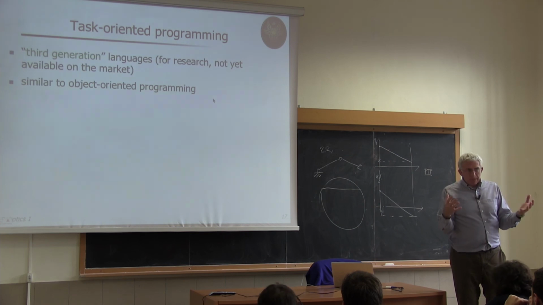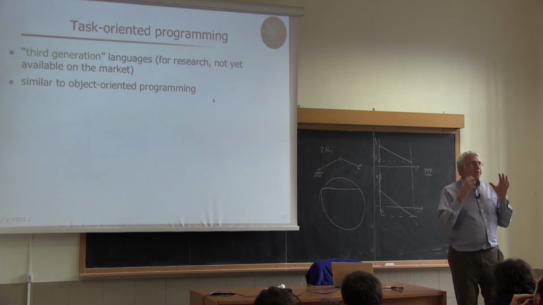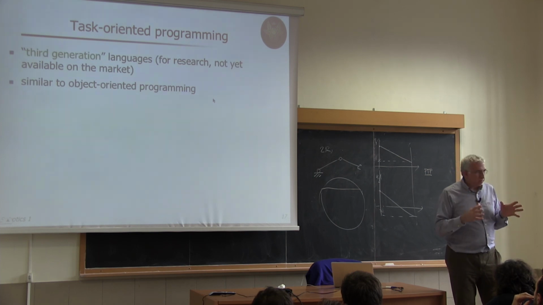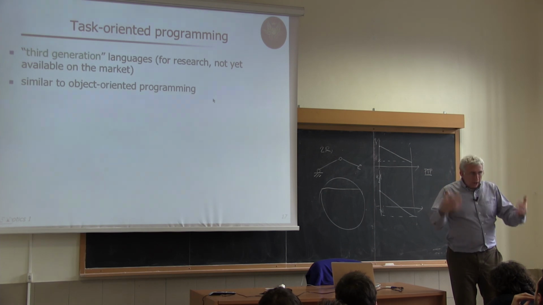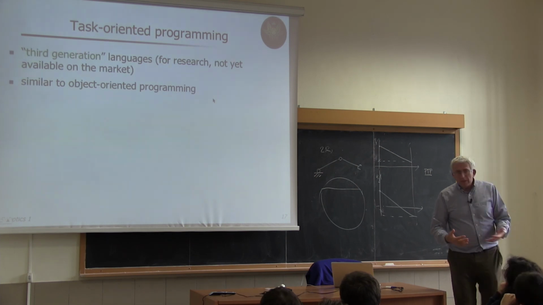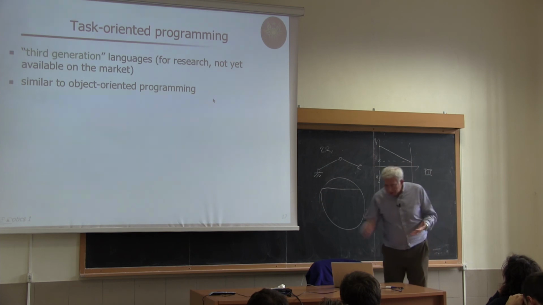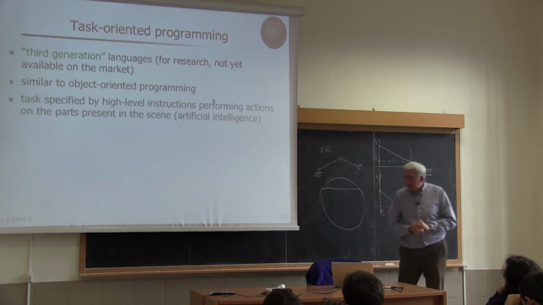It's called task-oriented because it's not really linked to a specific robot. It's more linked to reasoning about how the world changes because of the action of the robot. So it's more AI-oriented, because you reason about things and you have to keep track of things.